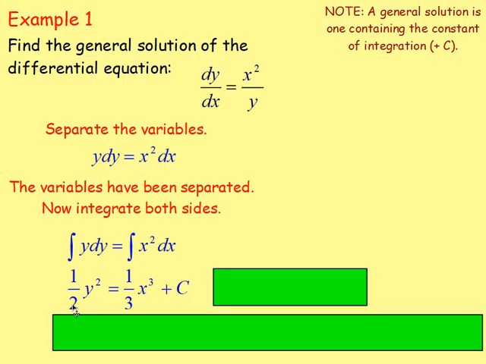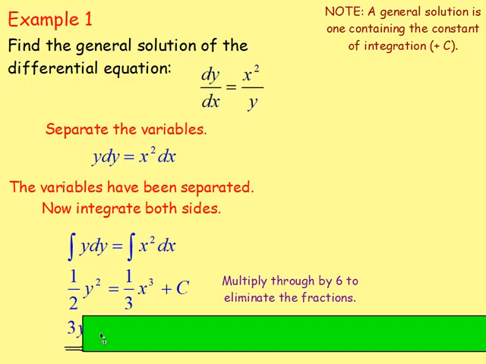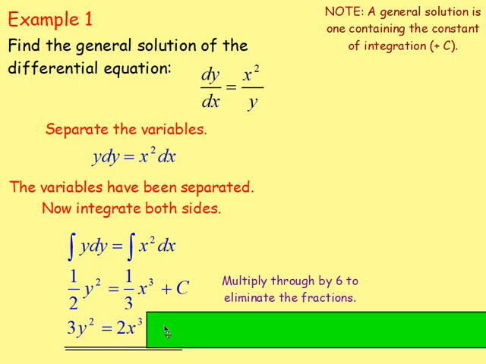From there, we've got the fractions. Let's get rid of the fractions. The lowest common denominator is 6, so let's multiply through by 6 to eliminate the fractions. If we multiply the half y squared by 6, we will end up with 3y squared. If you multiply the third x cubed by 6, you will get 2x cubed.